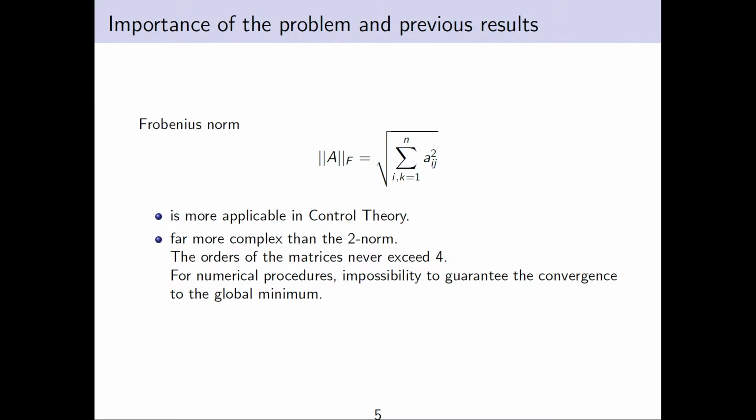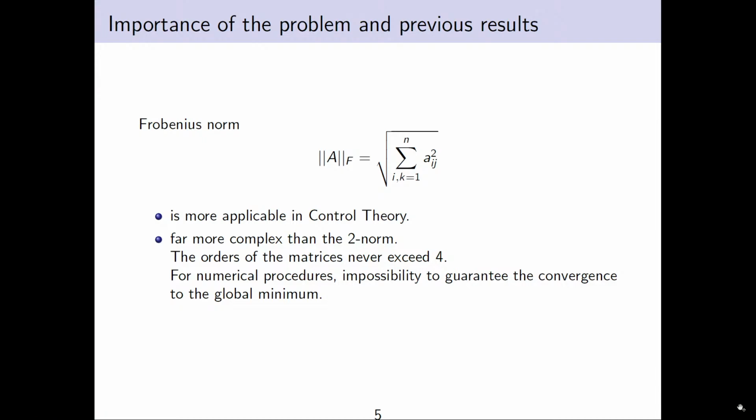There are some numerical methods for solving our problem of finding real stability radius in Frobenius norm, but all numerical methods have one problem. It is impossible to guarantee their convergence to the global minimum of the distance function.